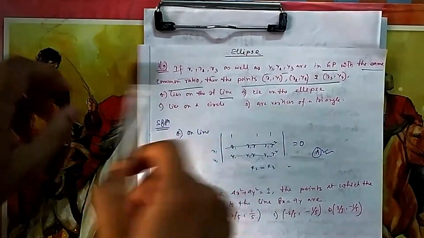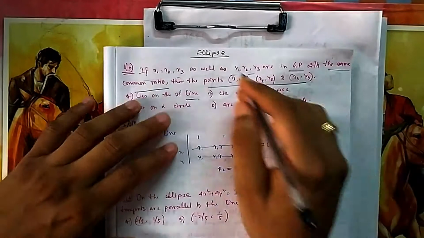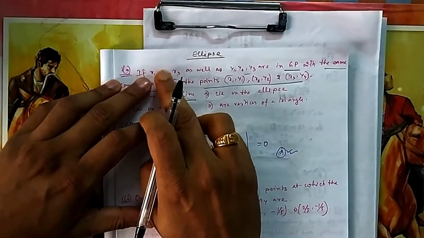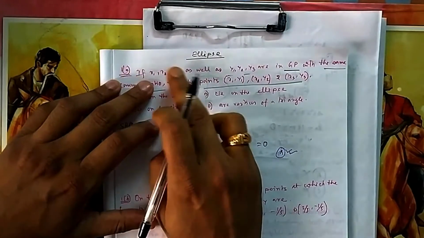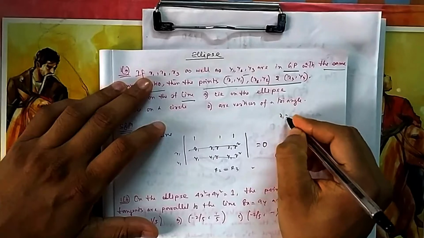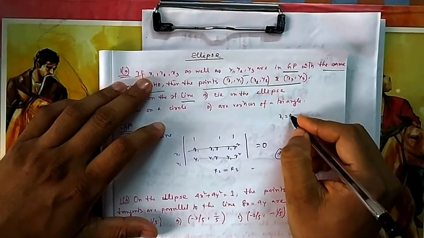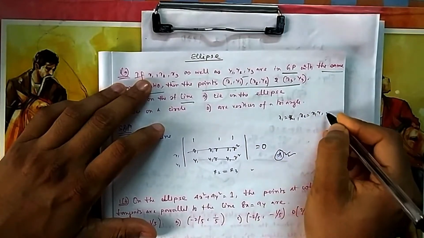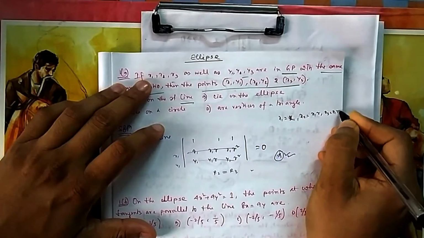Now because the common ratio is the same, in GP whatever you multiply x1 by, you multiply the same with x2 to get x3. That is the concept in GP: you multiply with the same number. So if I take x1 as x1, then x2 is equal to x1 into r and x3 will be equal to x1 into r square.